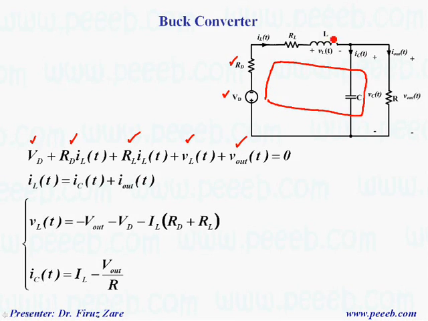Again, the inductor current IL equals the current through the capacitor plus the load current, which is given here. Assuming the ripple is not significant, Vout is given here, and supposing the inductor ripple is not significant, we also have the current here. Then we can write the capacitor current in terms of inductor current and output voltage.